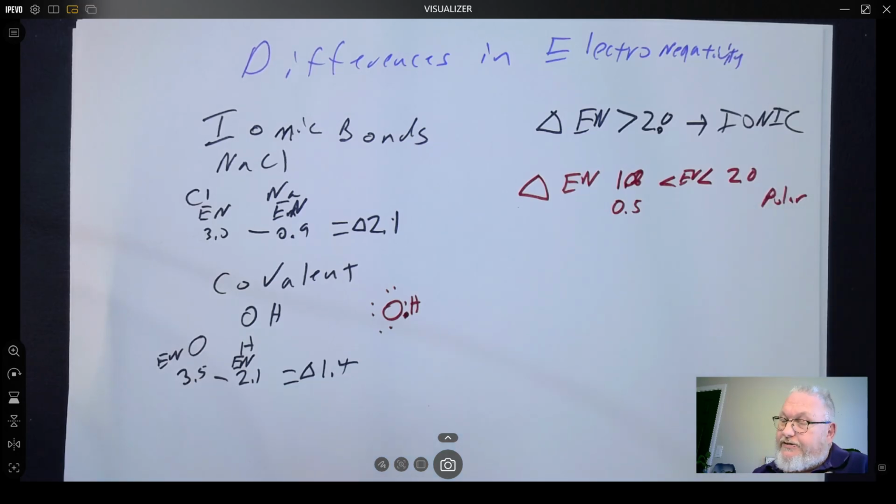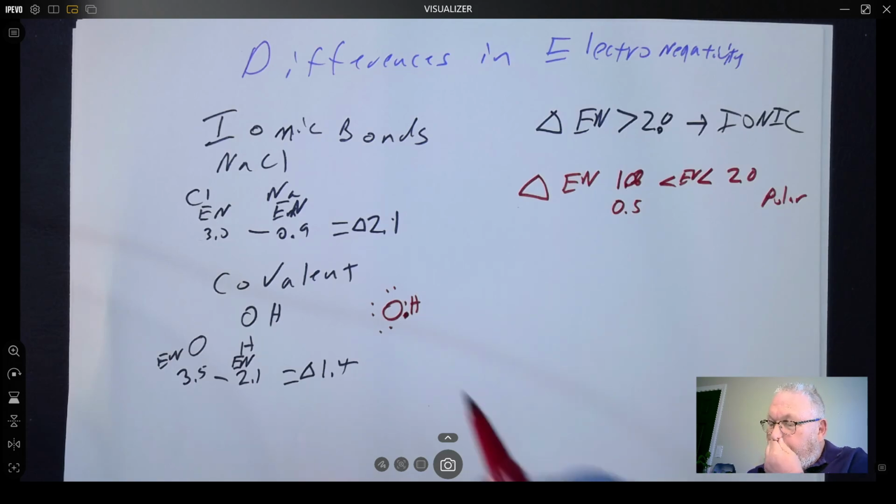Now, think about the degrees. If it's closer to 2, it's very polar. If it's a little less than 1, closer to 0.5, then it's going to be a little less polar. They're going to share those electrons a little bit more.